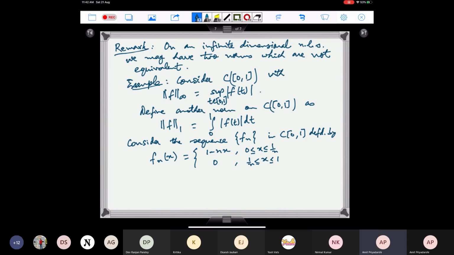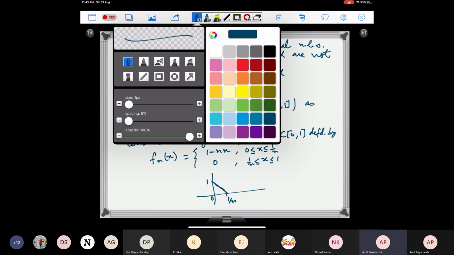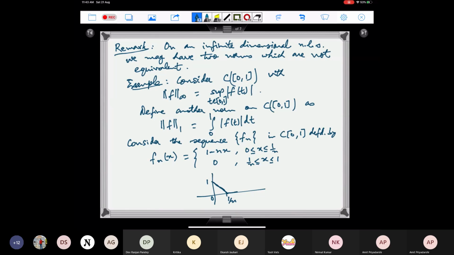So this f_n is simply this function where at 0 it is 1, and then you join by this straight line from 0 to 1 by n, and then it is 0 up to 1. So this is the function f_n.